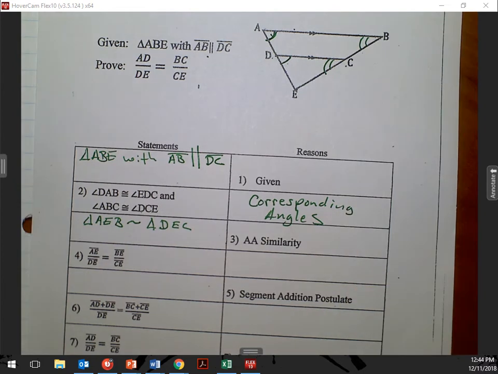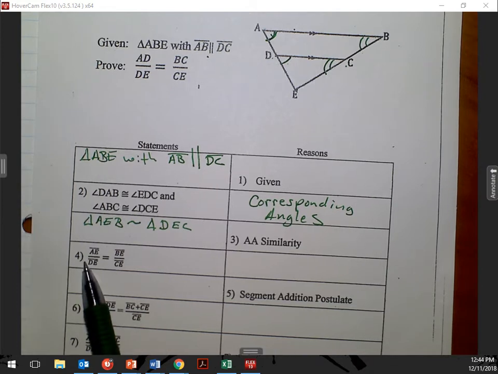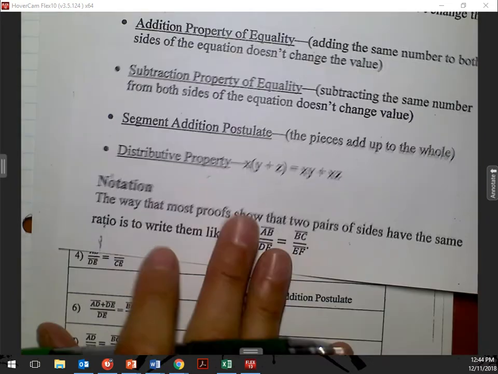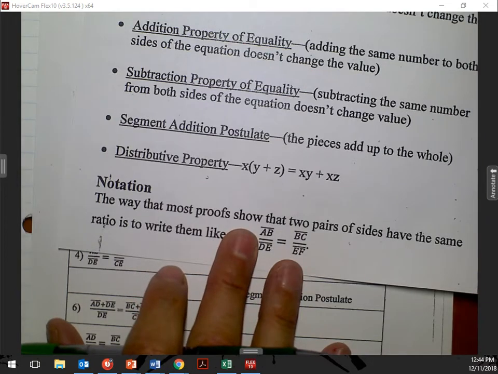Now, what did we say we would write for that? Segment addition? Postulate? No. Reflexive property? Proportional. Okay, notation. Most proofs show that two pairs of sides have the same ratio.